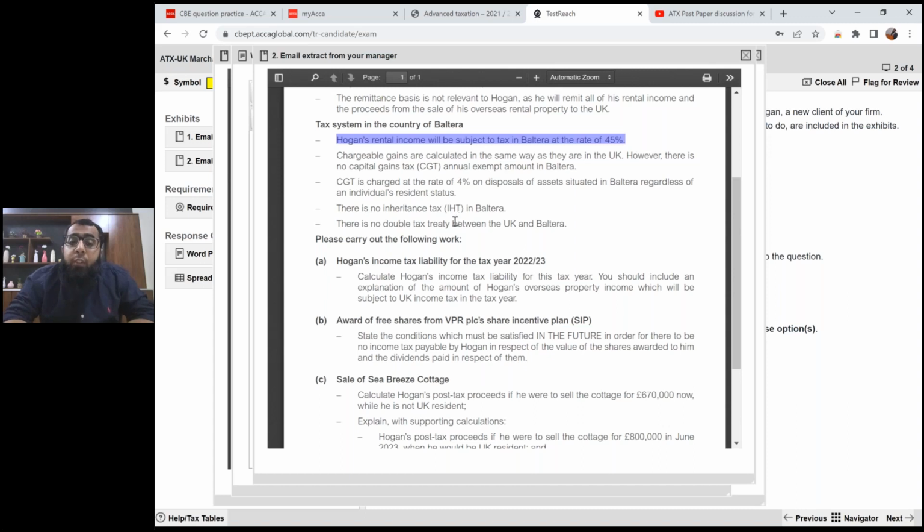When there is no double tax treaty, we calculate the double tax relief at the lower of two things: UK tax and overseas tax. Now, Hogan's rental income will be subject to tax in Baltimore at the rate of 45%.